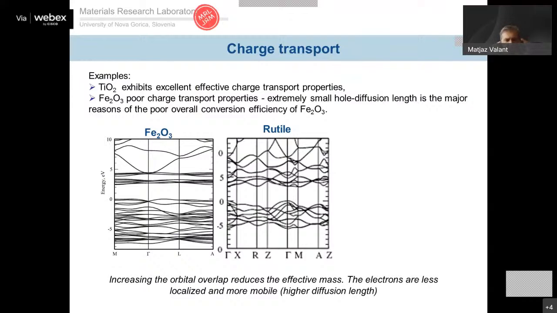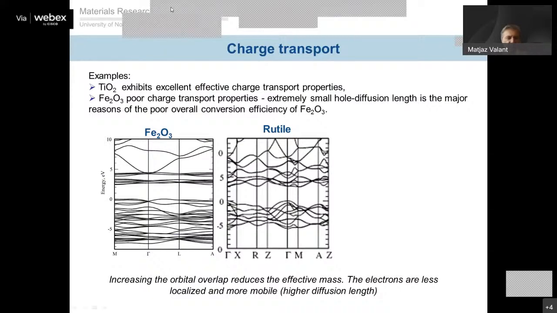We are now more or less discussing the absorption of light and diffusion of electrons towards the surface. But then we also have to discuss surface characteristics. This we will do after the break, and we will also touch a little bit on one example of photocatalytic materials. So I'm going to stop sharing now and give you a chance to ask questions.